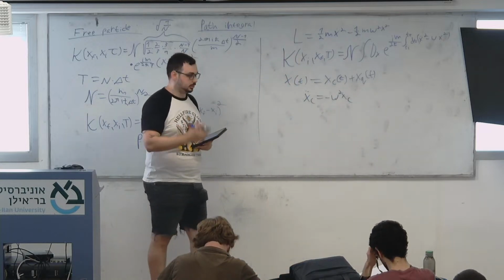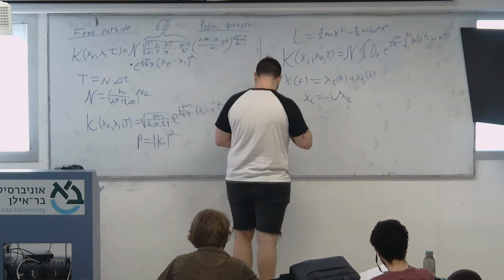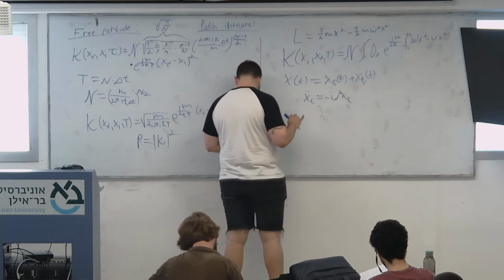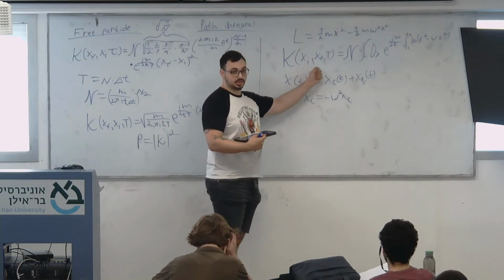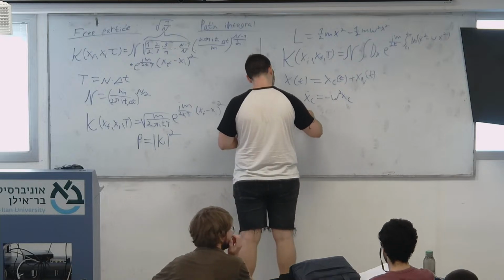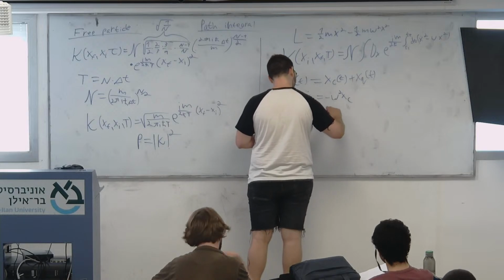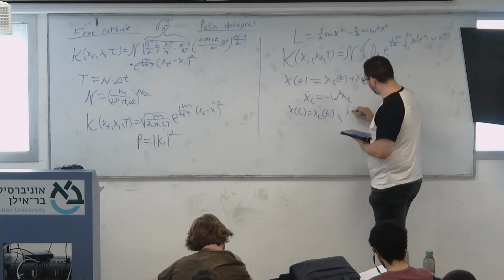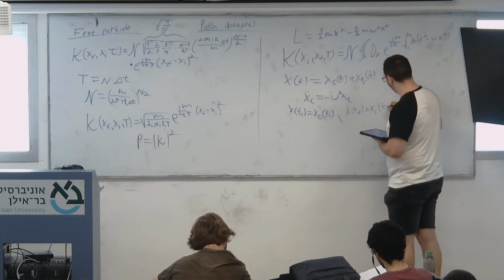This is the classical constraint for an oscillator, and because we're starting in a well-defined location, xi and xf, I can say that x of ti equals xc of ti, and x of tf equals xc of tf.